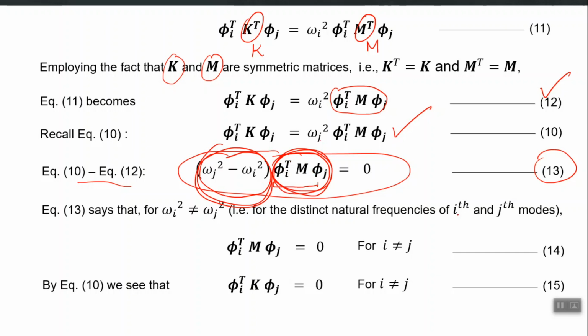So this is shown for the mass matrix, but you can show it for the K matrix also, right? The same steps of solution you can repeat, and you will finally get this equation also: phi i transpose into K into phi j will be 0 whenever i is not equal to j, and this product will be a non-zero answer whenever i is equal to j, right?